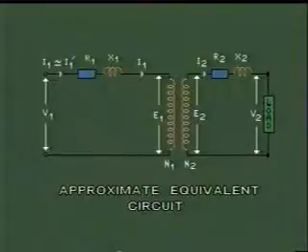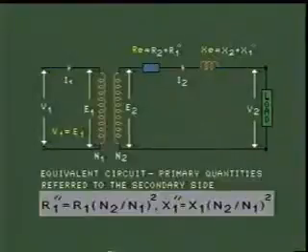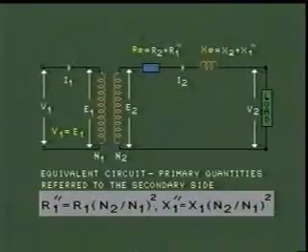R1 and X1 are the resistance and reactance of the primary winding, R2 and X2 are the resistance and reactance of the secondary winding. Now in the next diagram we will show how these two circuits could be made a single series circuit. In this circuit we have transferred the resistance and reactance of the primary circuit to the secondary side.